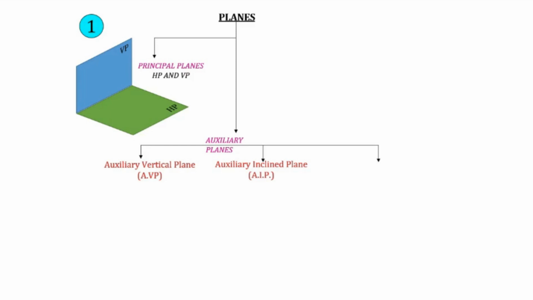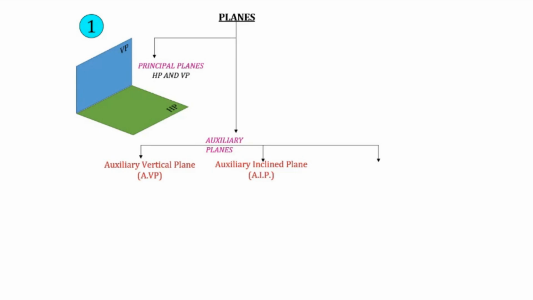An auxiliary vertical plane is a plane which is perpendicular to the HP, that is, perpendicular to the ground. If you look at that particular door, it is perpendicular to the floor, that is, perpendicular to the HP. But it is making some angle with the vertical plane, or with your wall.